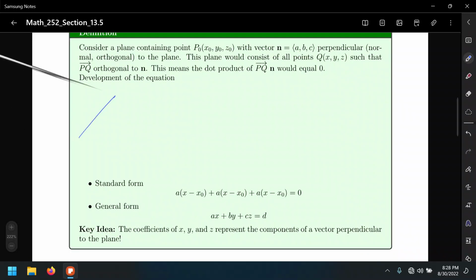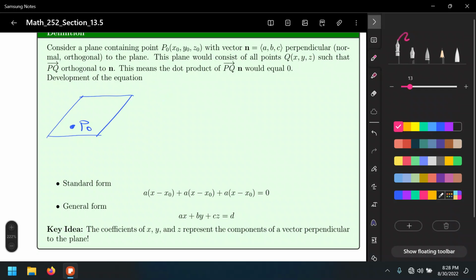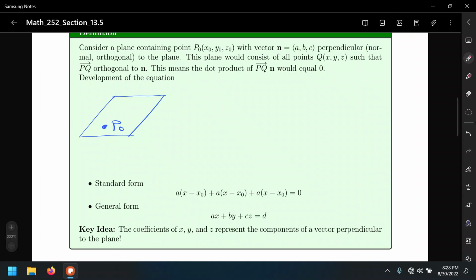So we've got this plane. That plane has some initial point P, and the plane is going to have a related normal vector n.